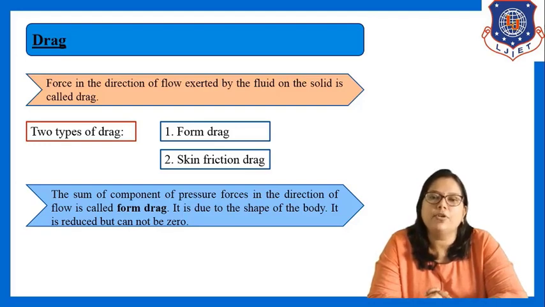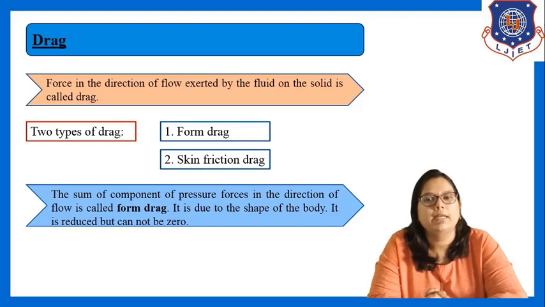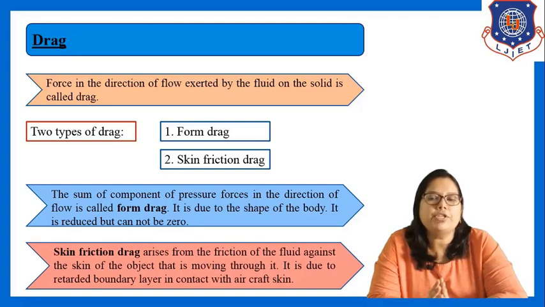The sum of component of pressure forces in the direction of flow is called form drag, and it is due to the shape of the body. So we can reduce it, but we cannot make it zero. What is skin friction drag? Skin friction drag arises from the friction of the fluid against the skin of the object that is moving through it.